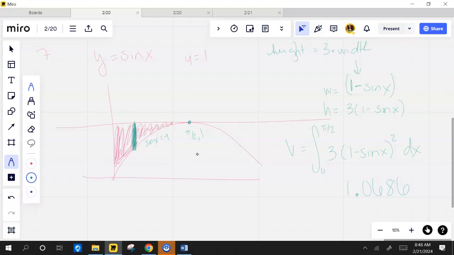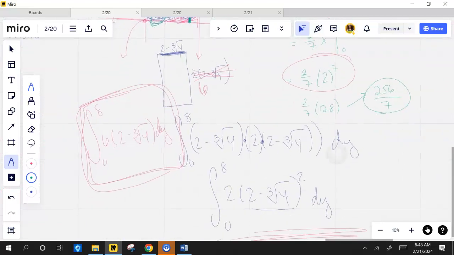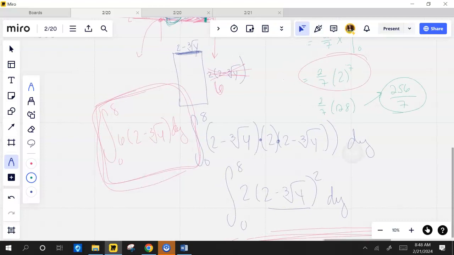Which one? The one that you have circled in the red. 2 minus the cubed root. Hold on, I'm gonna get this one for you.